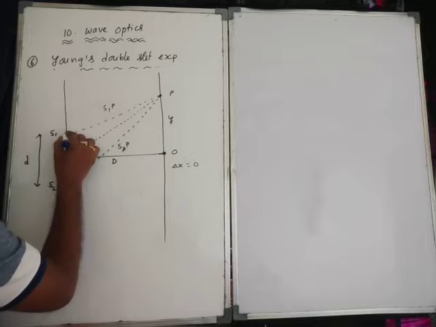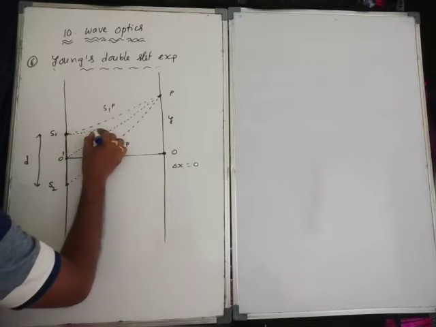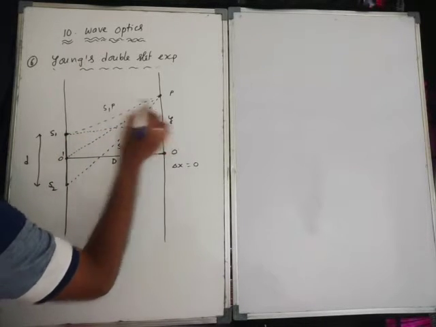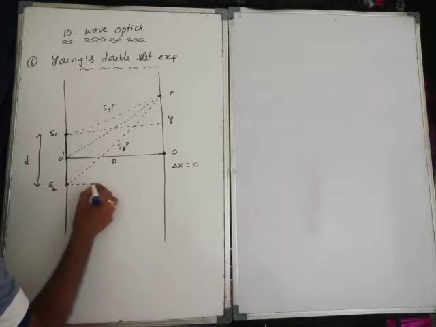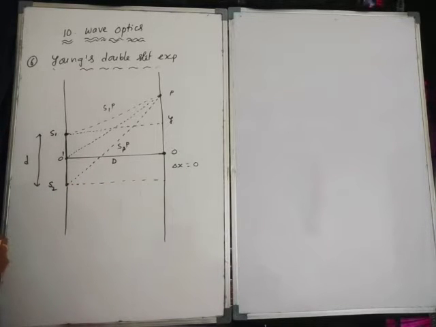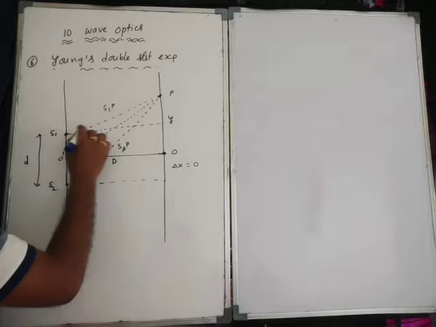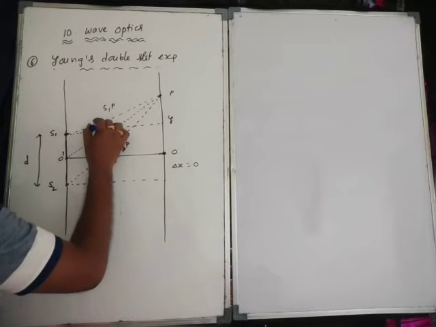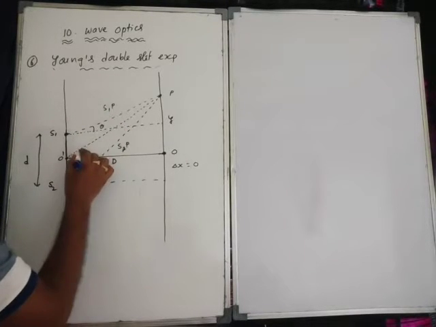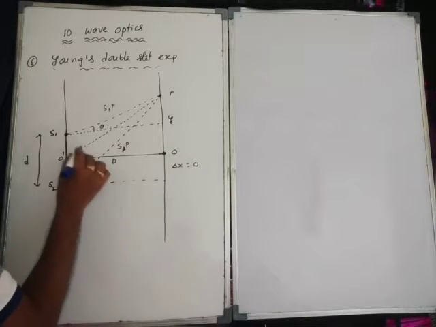Now I can draw a perpendicular line here, in this manner and in this manner. Here this is theta, and this one also theta, and this one also theta.